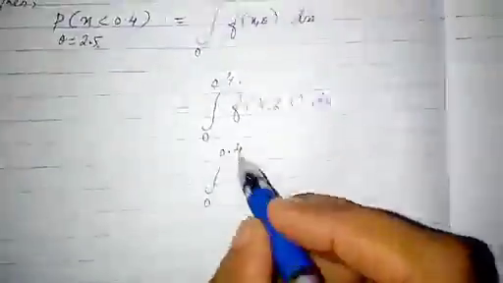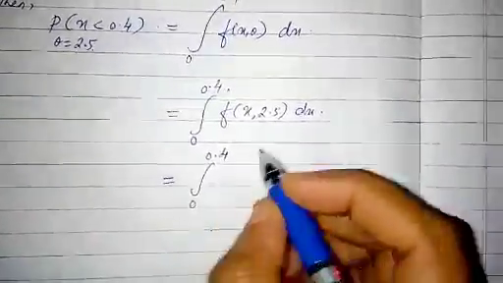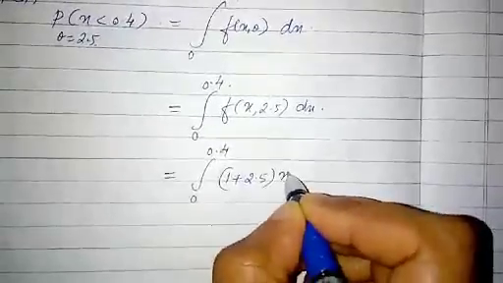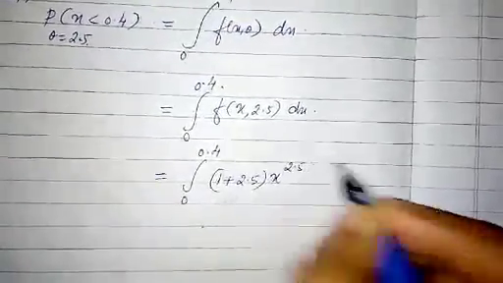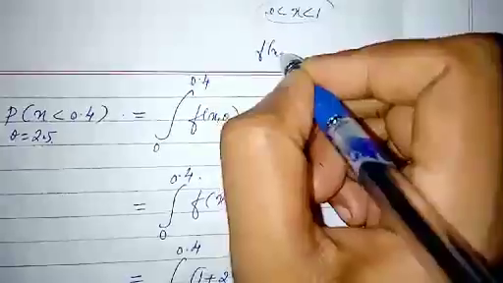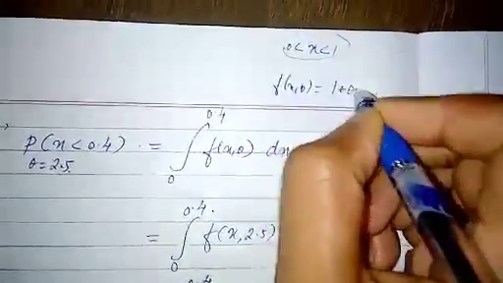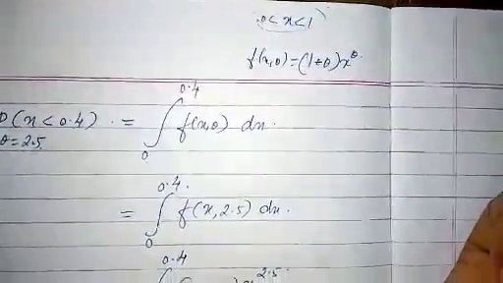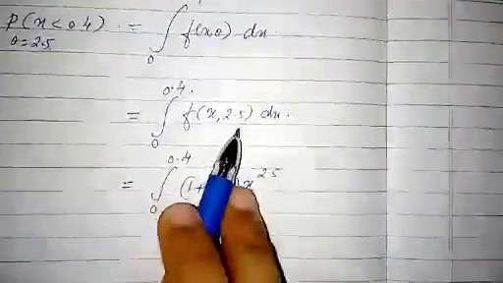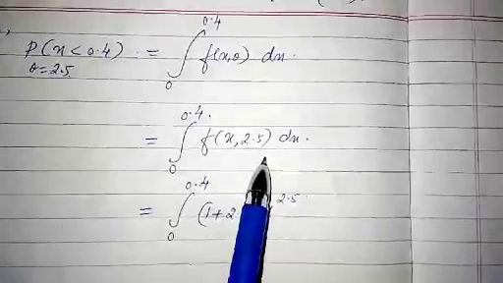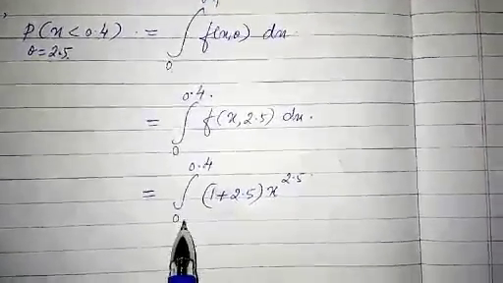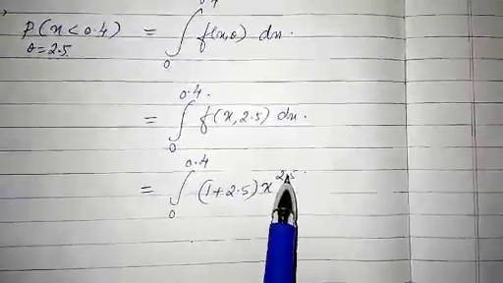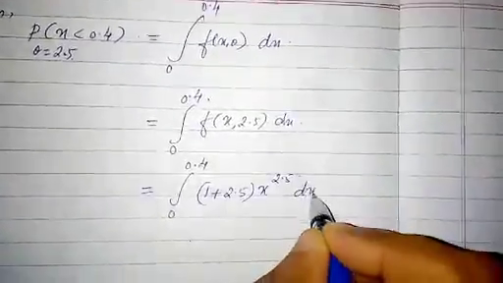Then the integral over 0 to 0.4 of 1 plus 2.5 into x to the power 2.5 dx.